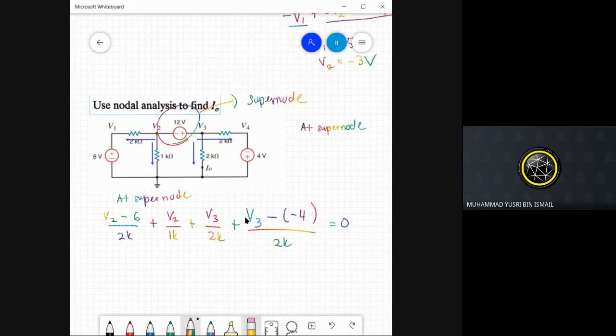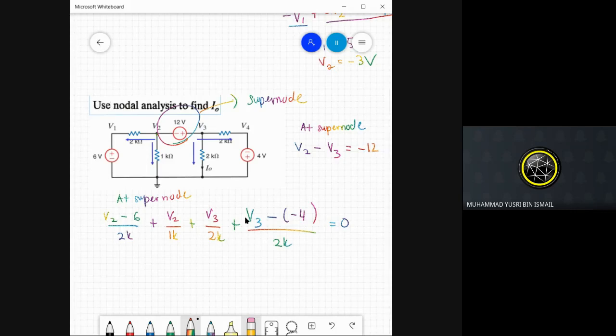Okay. Then at the super node, you will write another equation, which consists of V2 minus V3 equal to negative 12.